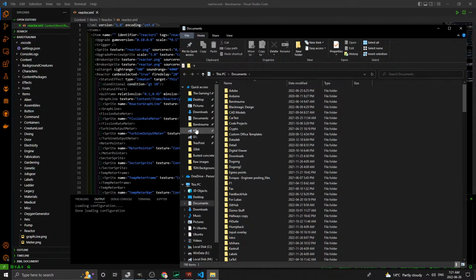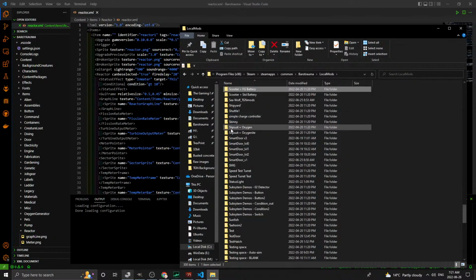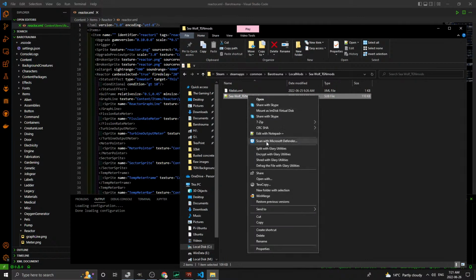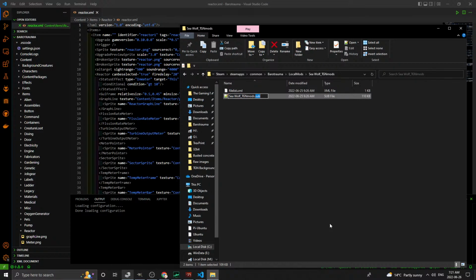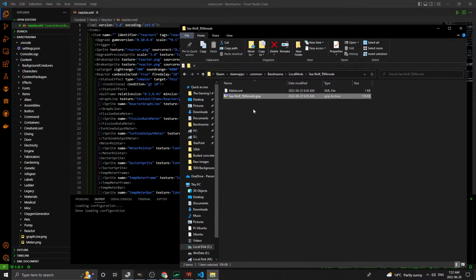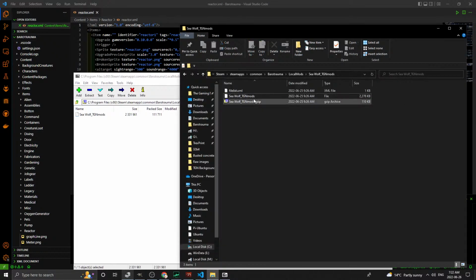You've got to go to Barotrauma, local mods. Where's Seawolf? There we go. I hope you don't mind, Streamy. We're gonna talk about your sub here again. So what I'm gonna do is rename this. Instead of having a sub file, we're gonna call it a gzip. A gzip is a compressed file, and it's going to have another file in here by the same name.